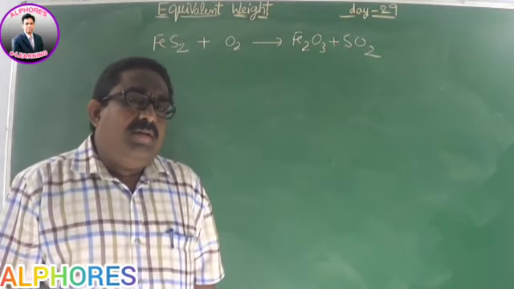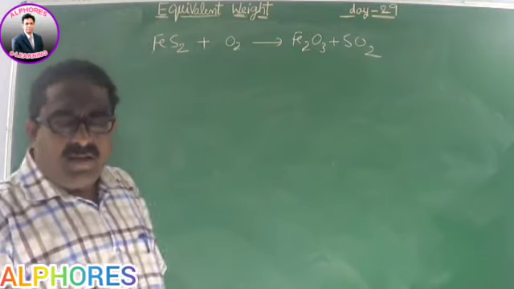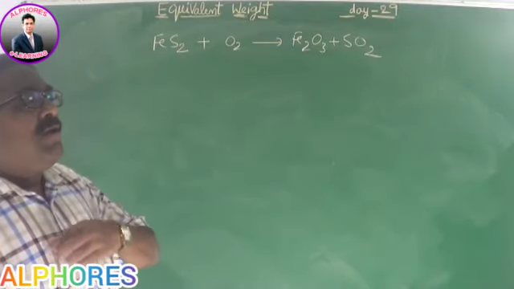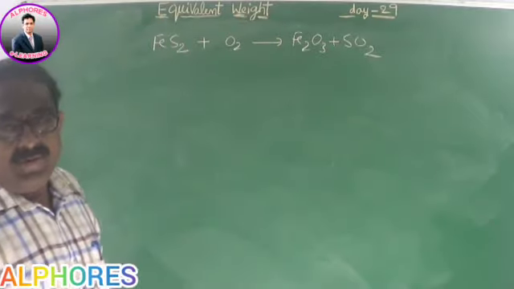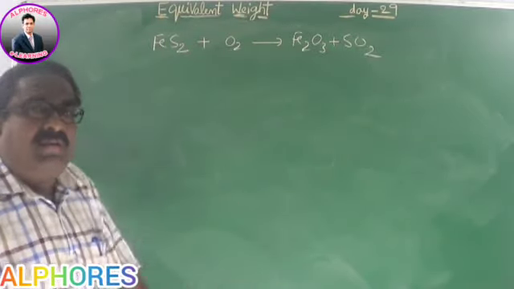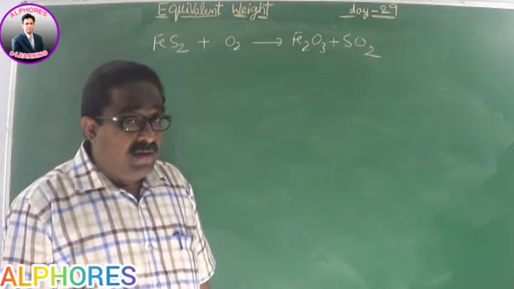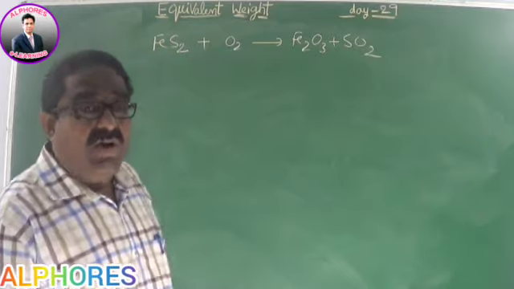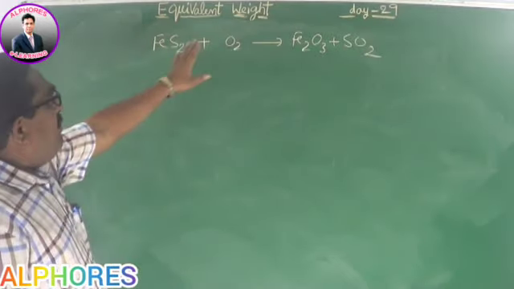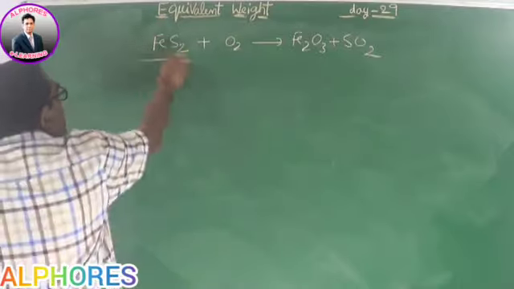In almost 98% of cases there is no need of a balanced reaction. Only a few cases need a balanced chemical reaction to estimate the equivalent masses. In the majority, there is no need of any balanced equation. I have written an unbalanced equation, and I can calculate the equivalent mass of the substance now.